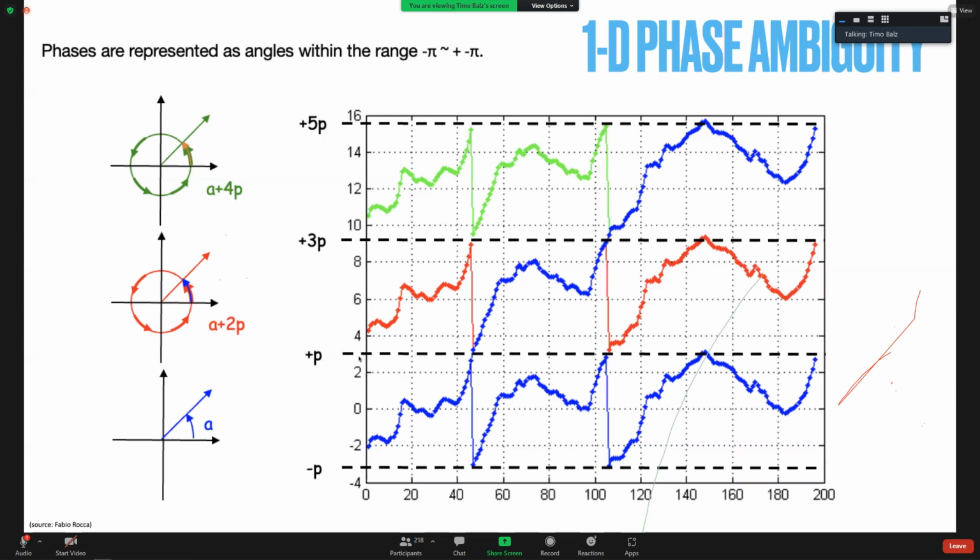Now, it is very likely, if we look at it, that instead of the phase crashing down, it's smoothly moving over the pi limit and just continues going up.